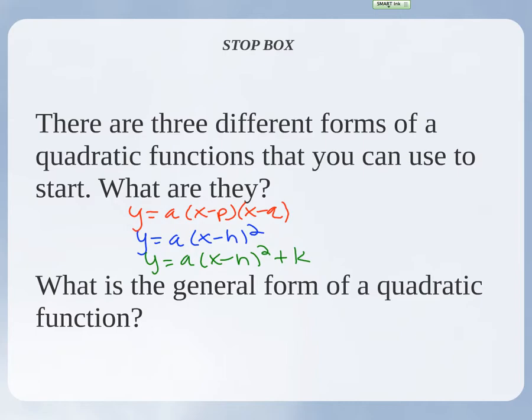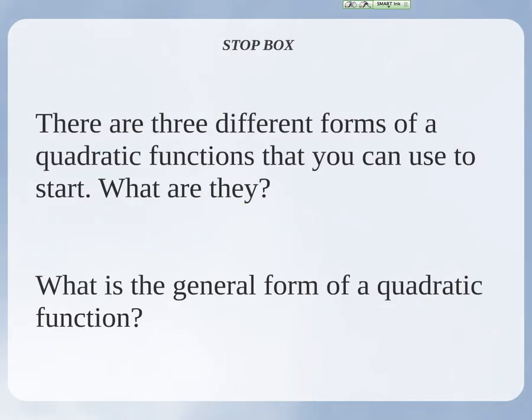And then the general form is just to remind ourselves that sometimes we do have y equals ax squared plus bx plus c. So you can always get those off the board.